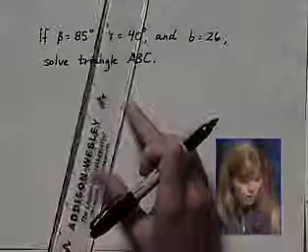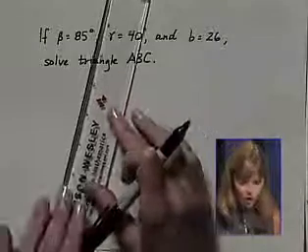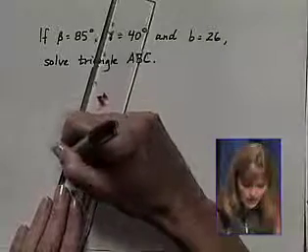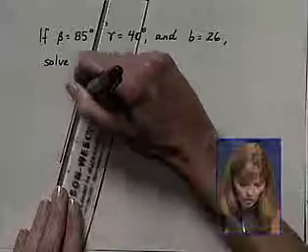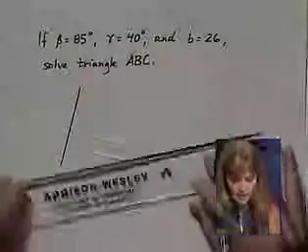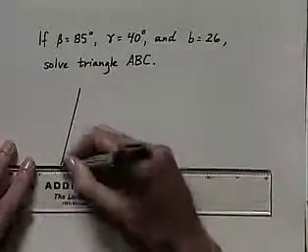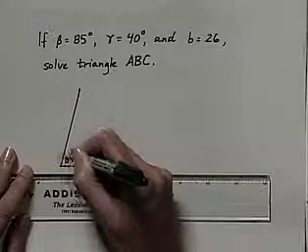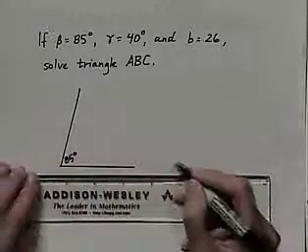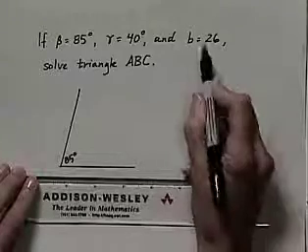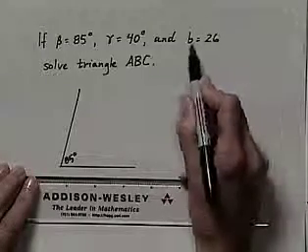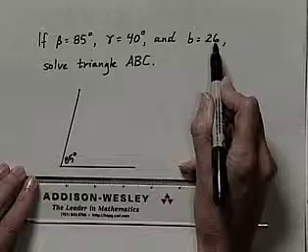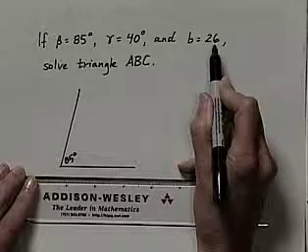If you start off by labeling beta with 85 degrees, I'm going to draw an angle here which is slightly less than a right angle, and I'm going to label this with the 85 degrees. That's going to be our beta, recall. Notice right now that I'm given that the length opposite beta is 26, because that's my value of B.